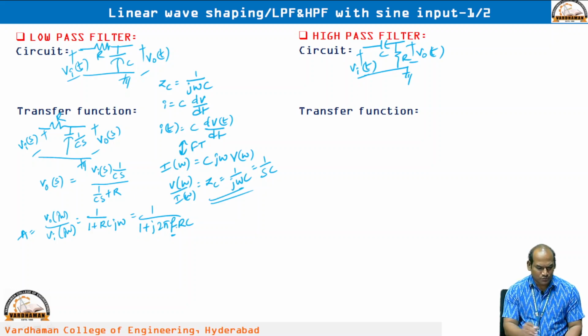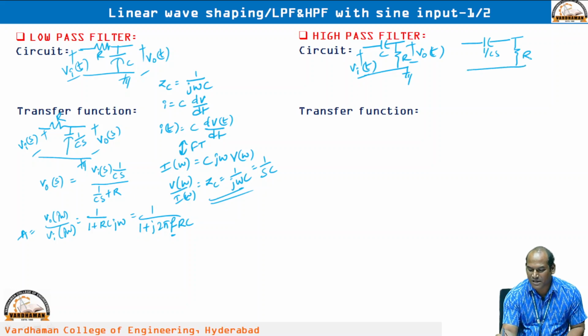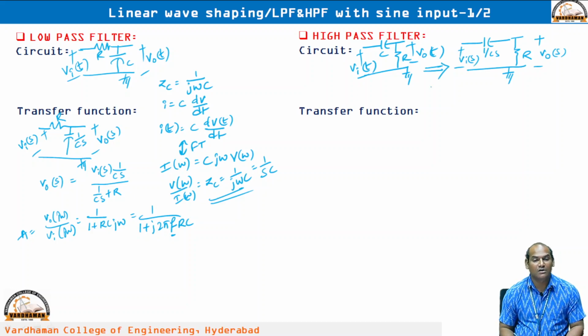Okay. So, same procedure, I am going to modify this particular diagram in the S domain. So, capacitor with 1 by Cs is the impedance, and resistor R, because resistor is independent of frequency, it will not be affected, and here V naught of S and it is Vi of S. From this one only I got this one. Okay.